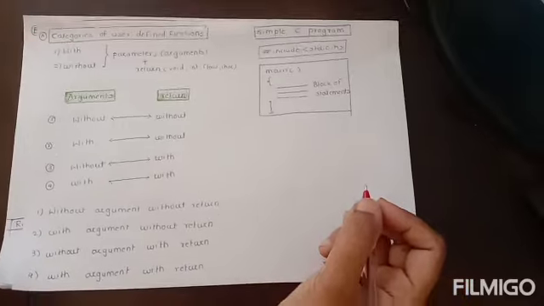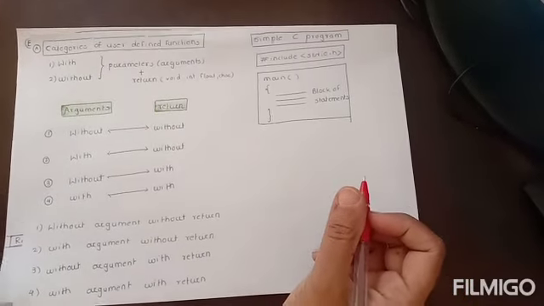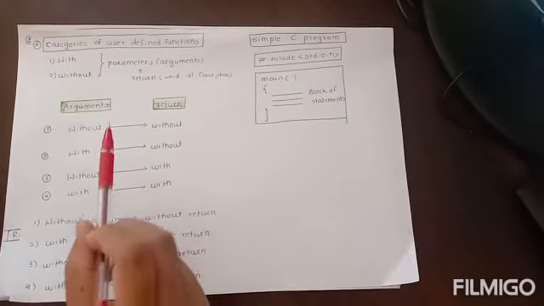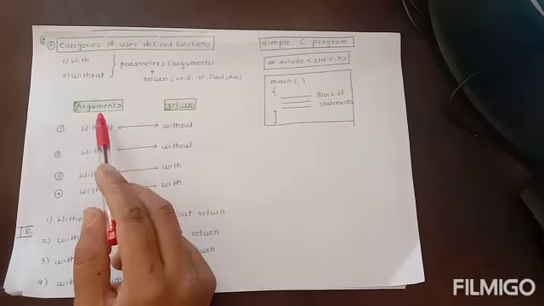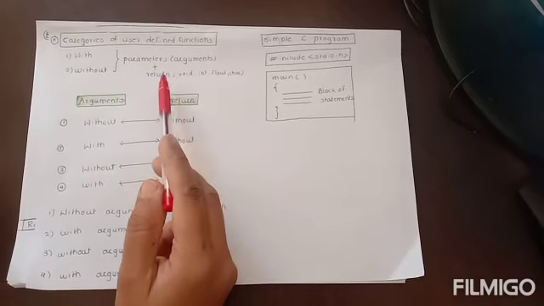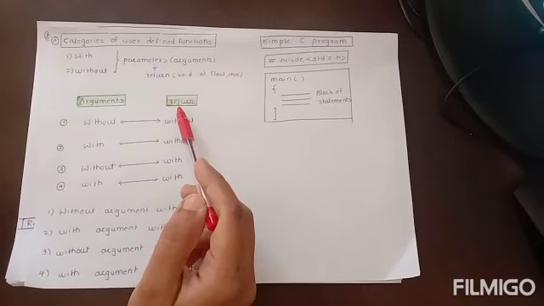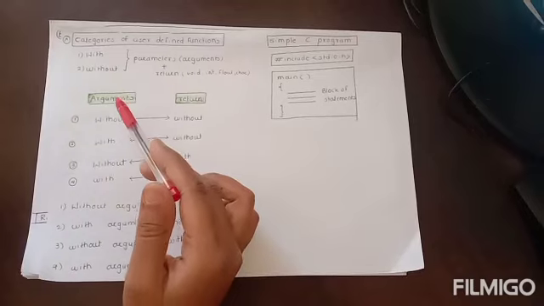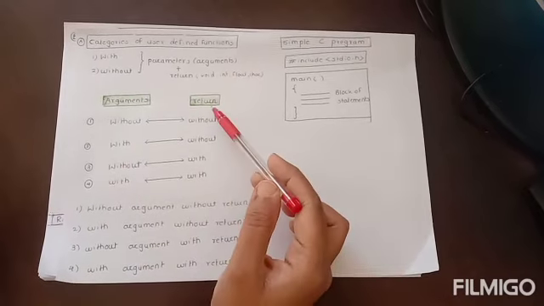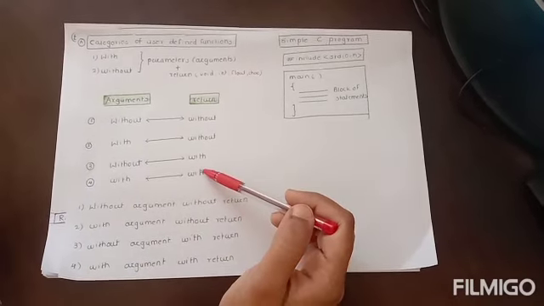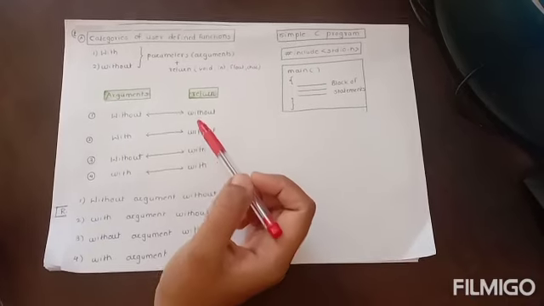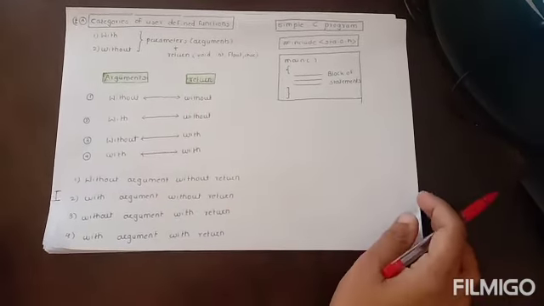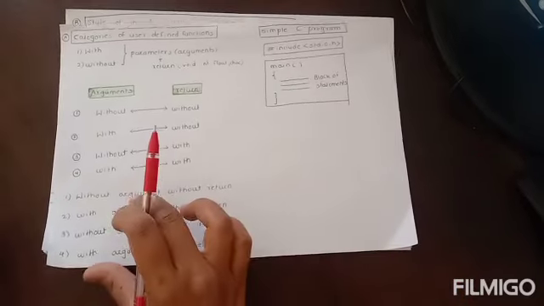Now, for finding out the categories of user defined function, we'll make two columns, one for arguments and the second for return data type. And I'll make a combination of with and without for argument as well as for return data type. After that, we find a total of 4 categories.